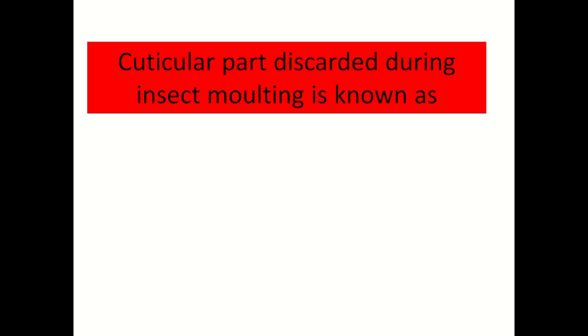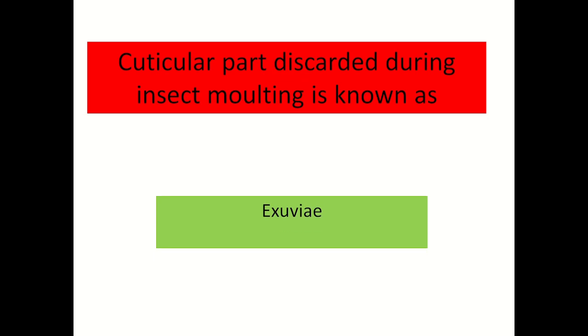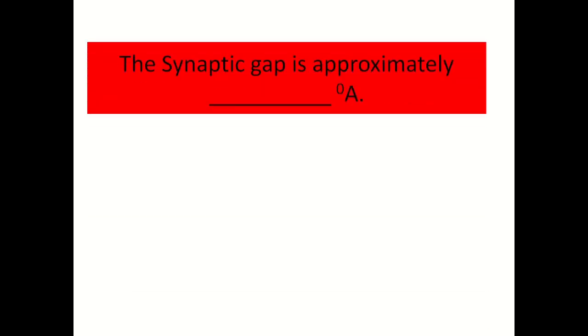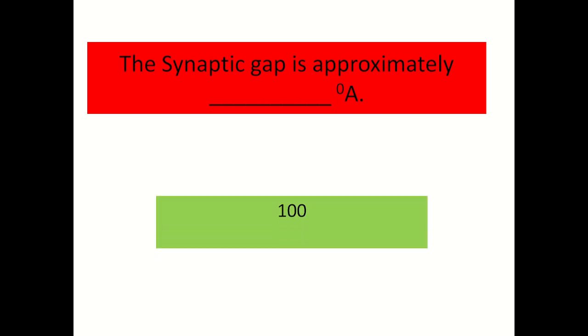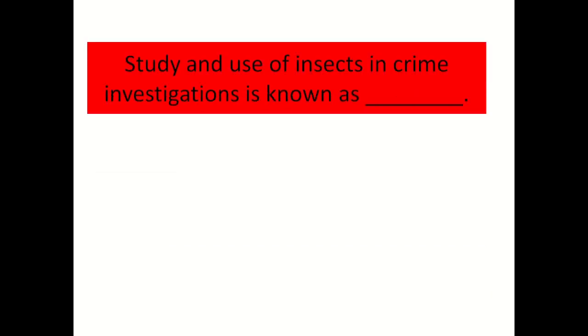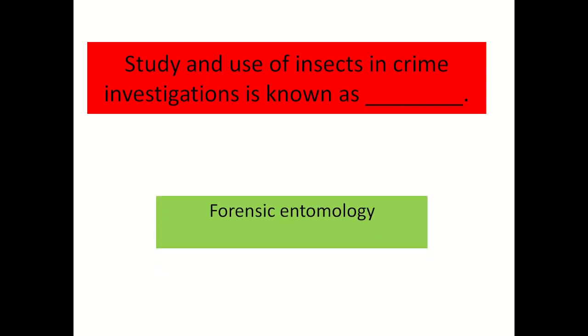Cuticular part discarded during insect molting is known as exuvia. The synaptic gap is approximately 100 angstrom. Study and use of insects in crime investigation is known as forensic entomology.